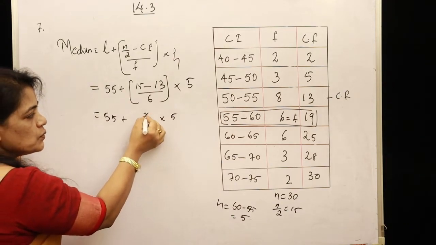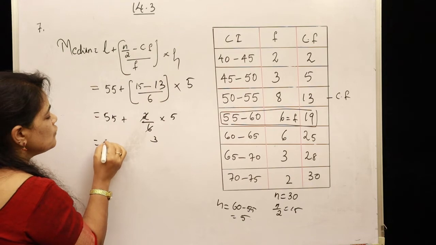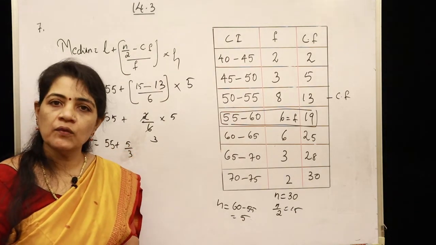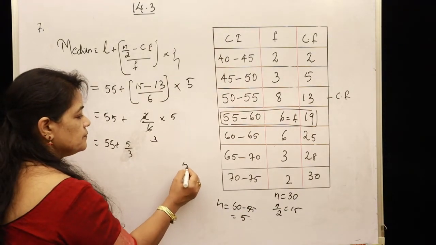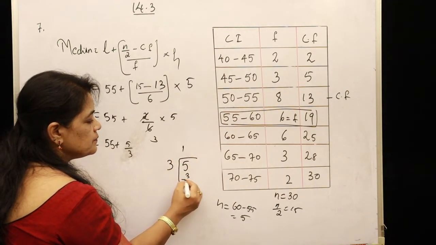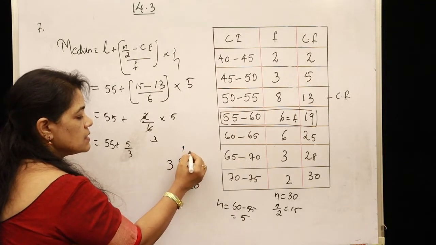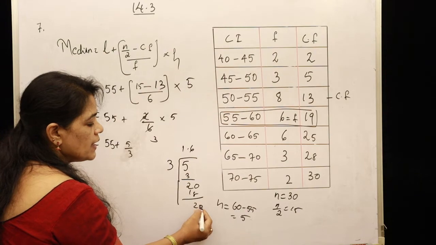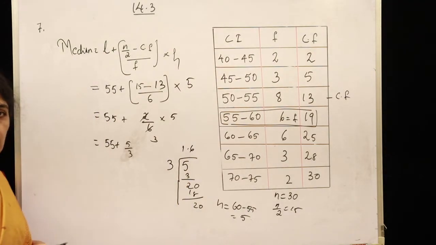Okay, 2 by 6 is 1 by 3, so that is 5 by 3, 55 plus 5 by 3. Now we can divide 5 by 3. Okay, 3 in 5 one time, remainder 2, and in 20, 6 times, so 18, remainder 2, again 20 comes because the denominator is 3, the division will not terminate.